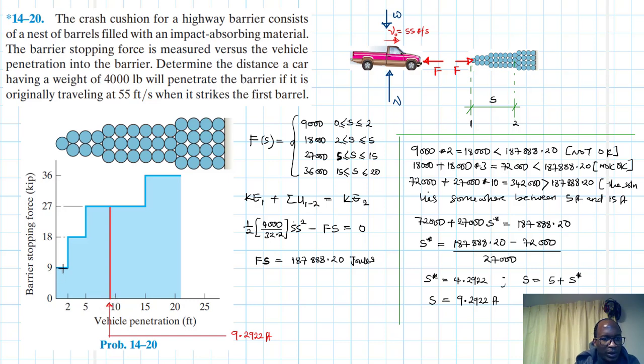And we are considering all this area here as equal to the total work done. Given that speed in the problem, it will equate to this particular area. So let's just outline the solution like so.